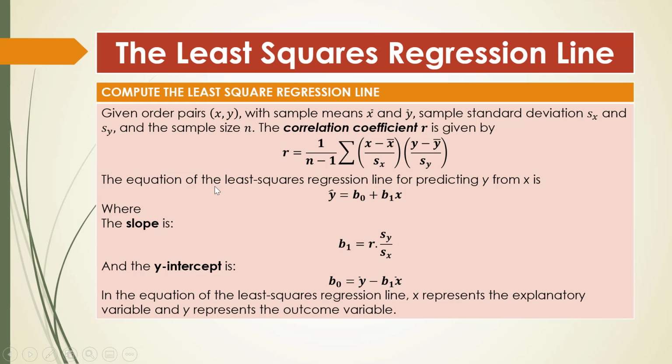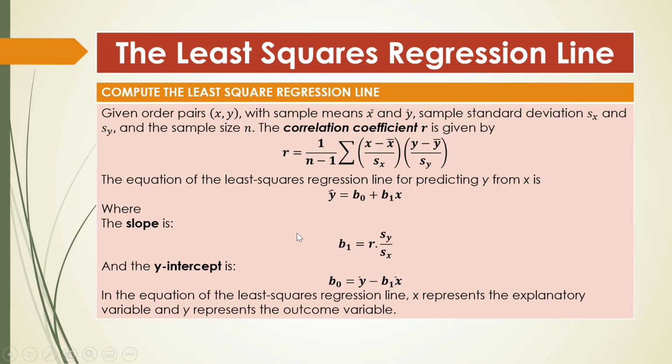And the equation of the least squares regression line for predicting y from x is y hat. Y hat here is the predicted value. Y hat is equal to b naught plus b1 x. And here b naught is called the y-intercept and b1 is the slope.